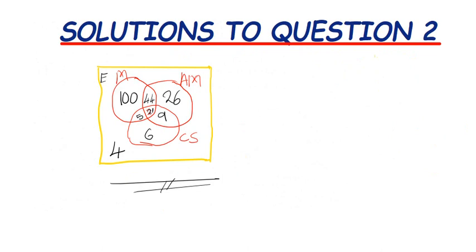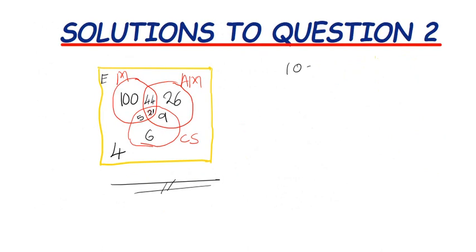Now these teachers also taught additional mathematics, but they have said they were 100 altogether who did additional mathematics. So in order for us to find this value, we did 44 plus 21 plus 9 minus 100, which gives us 26. That's the same thing that we did on mathematics, because they said they were 170 who did mathematics. So we did 44 plus 21 plus 5 minus 170, which gives us 100.